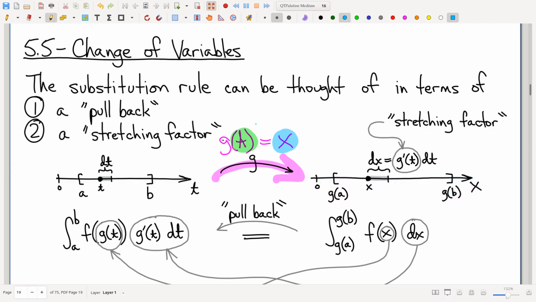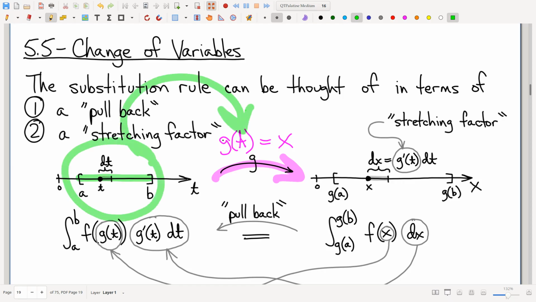And then I hope it's not a big ask. If I were to take an interval, a specific interval, let's say from a to b, plug in all of those points, then I would get various points out. In particular, it would be this interval from g of a to g of b.